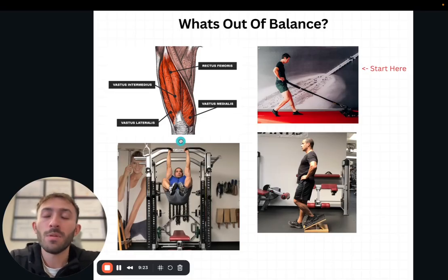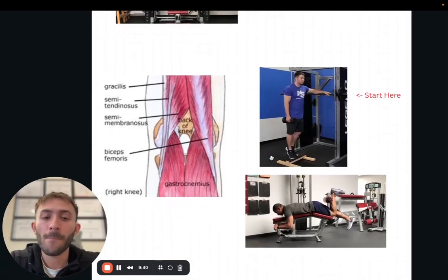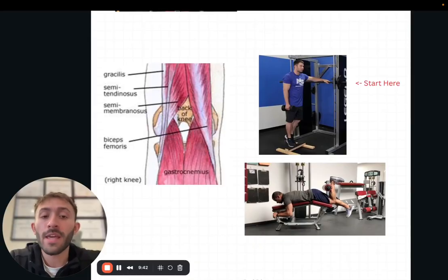And many people have, let's say, jumper's knee or runner's knee right under the kneecap. So strengthening the vastus medialis, but also the rectus femoris, which is directly correlated to that, is going to be a huge benefit.